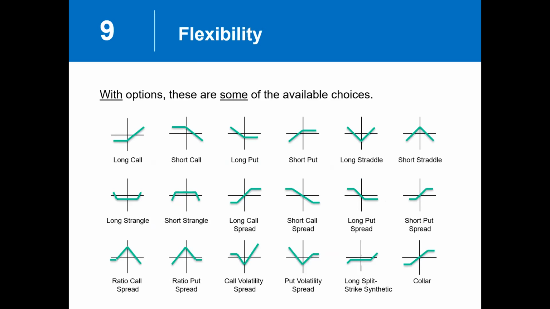The point here, as you move along in your options education, hopefully when you put on a position, you'll be able to envision, basically in your head, something like that top right-hand corner, the short straddle. You're going to know, as the stock goes up, whether you're making or losing money, and as the stock goes down, whether you're making or losing money, and whether or not you've got defined risk.